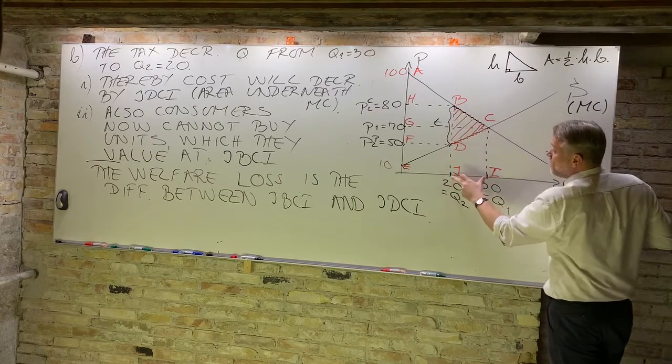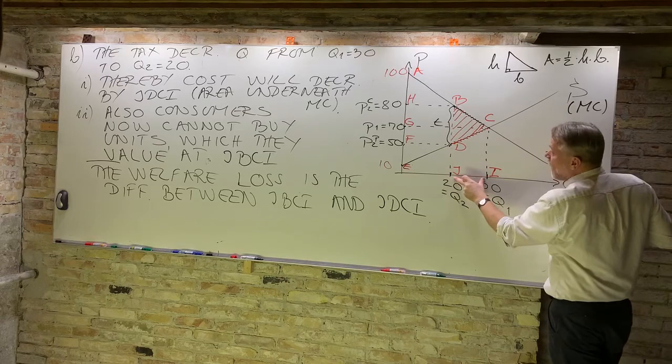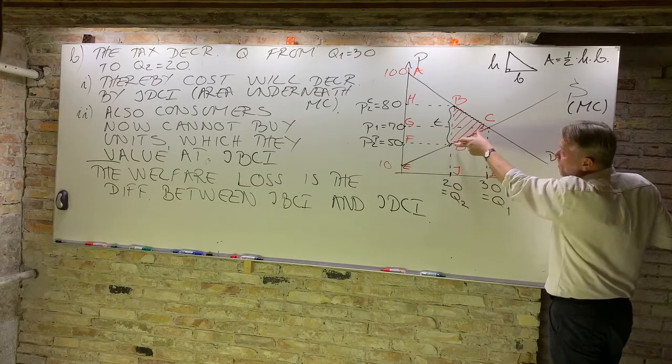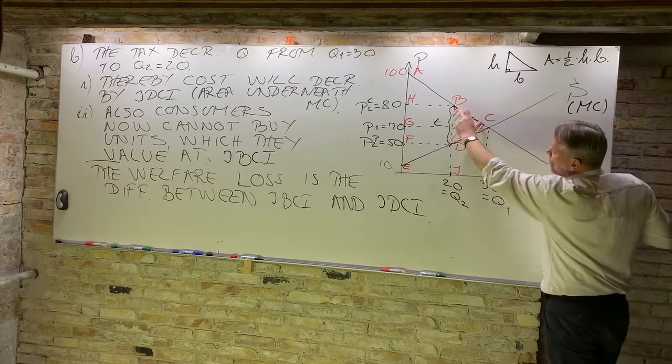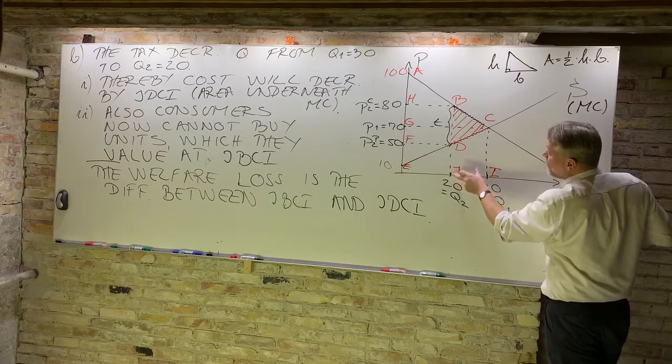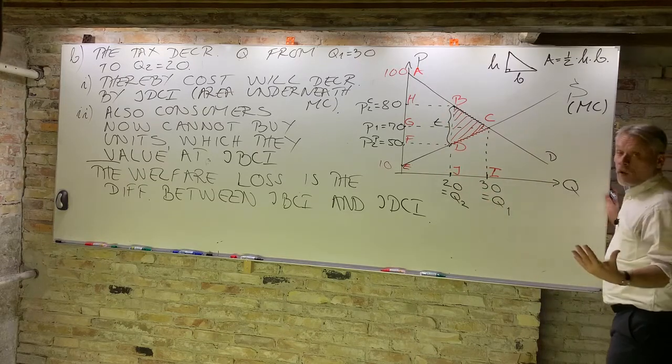Consumers value those 10 units which are no longer being produced and consumed. Consumers value those units at a higher value than the cost which is being saved. And the difference between the value lost to consumers and the cost saved on the part of firms is exactly the welfare loss.